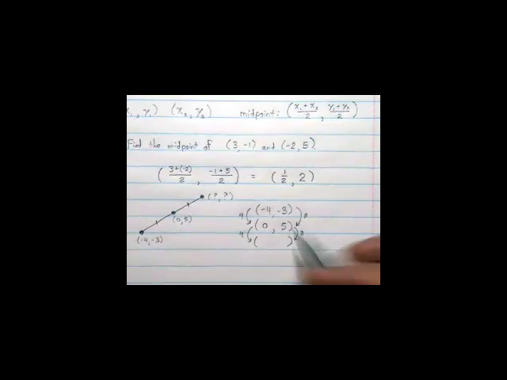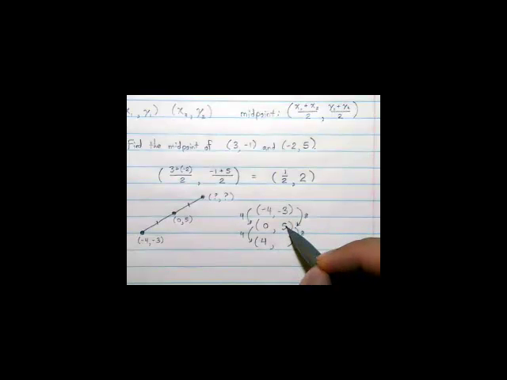Another 8. 0 plus 4 is 4. 5 plus 8 is 13. So your other endpoint is (4, 13). You're just counting up. Go the same distance you went from the one endpoint to the midpoint, do it again, and that'll get you to the other endpoint.